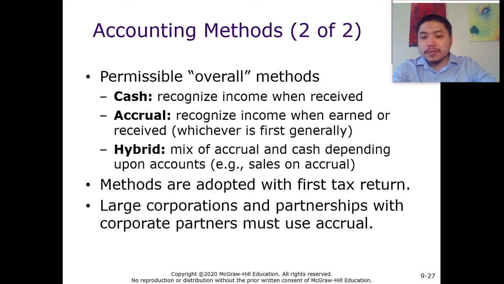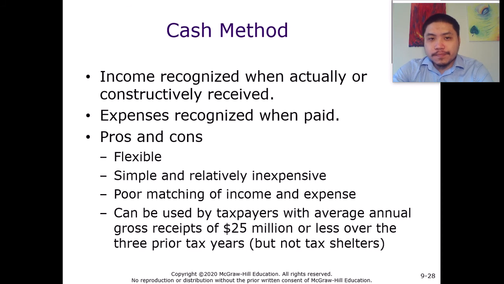If there are changes in the accounting method, the taxpayers have to fill out paperwork to inform the IRS. Otherwise, the method should stay consistent and should be adopted from the first tax return.